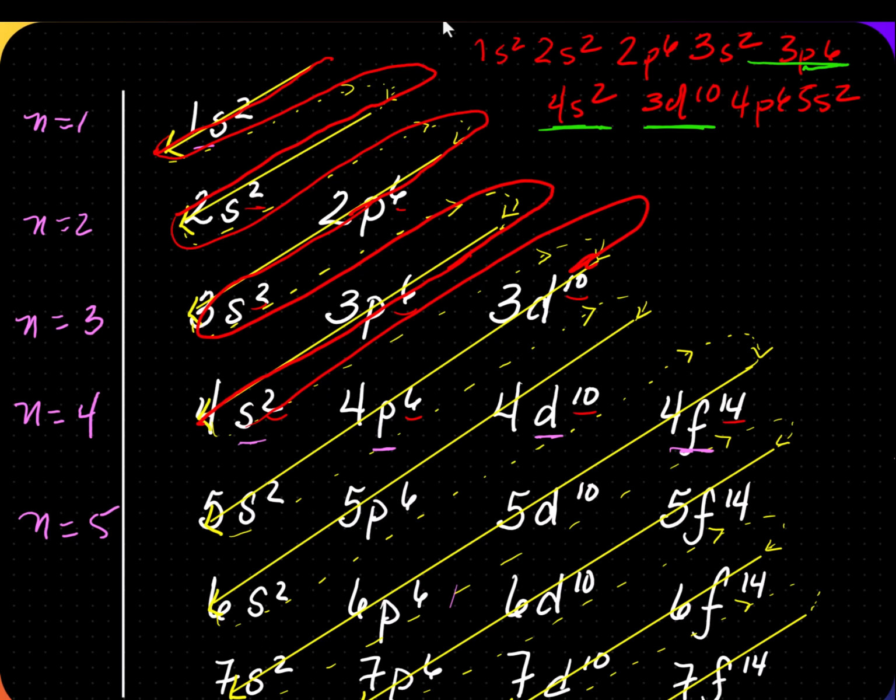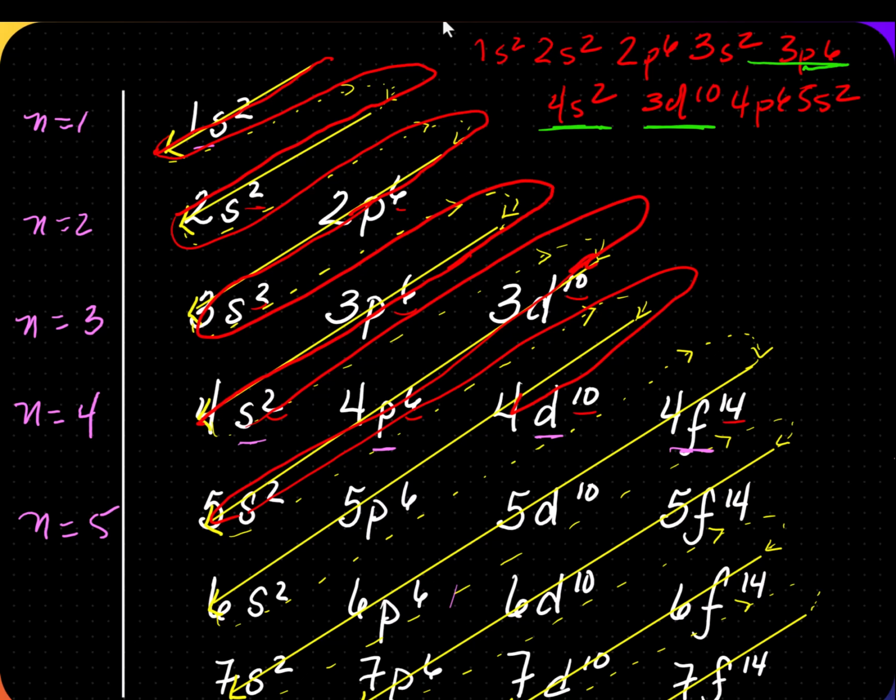Because these electron clouds are not isolated but overlapping, 4s2 is slightly lower than 3d10. And if you continue the pattern after 5s2, you go back to the right, 4d10 fills first before 5p6. So that means 5s2 is slightly lower than 4d10.